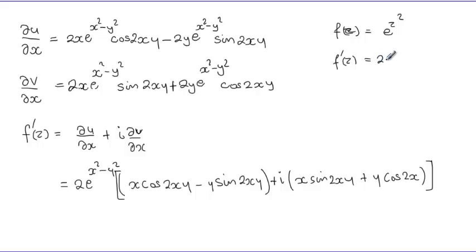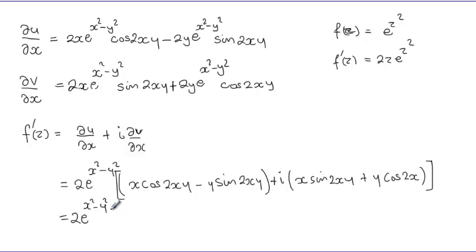In this case, it's going to be 2z e^(z²). So that must guide us in the simplification of this expression. So let's now rewrite this as 2e^(x²−y²). Let's collect the terms which have got x. In this case, we've got this one and that one.